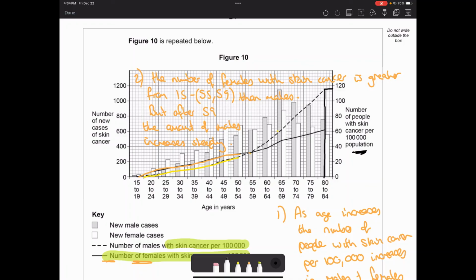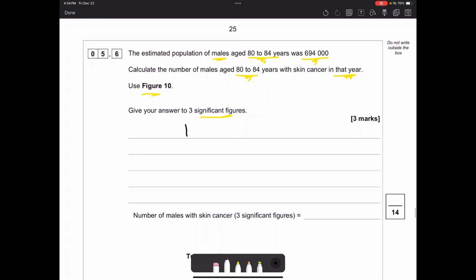If I read that accurately, it's 5 little squares divided by 20. 20 over 5 is 4, so it would be 1 little square below 120. 120 minus 4 is 116. So therefore I know on average there is 116 people per 100,000 of the population that have skin cancer.